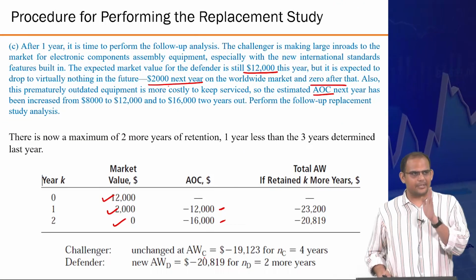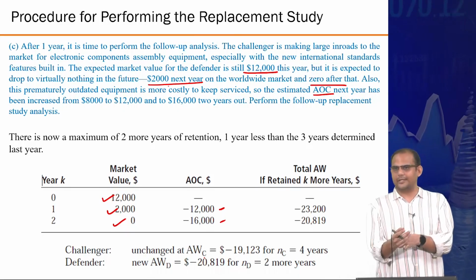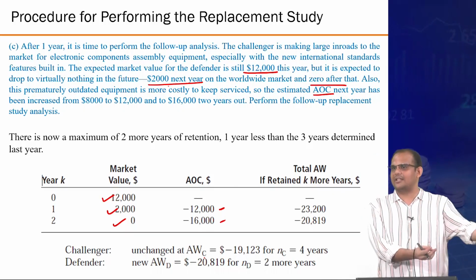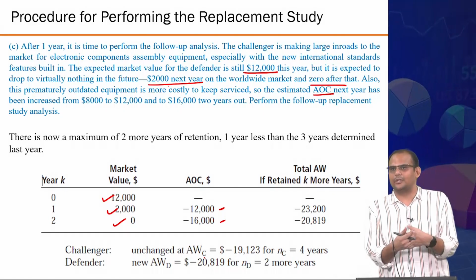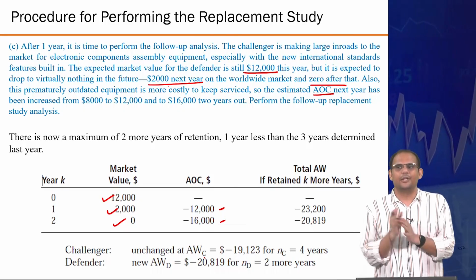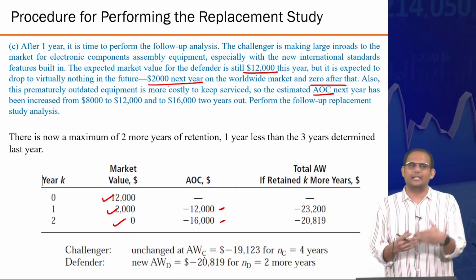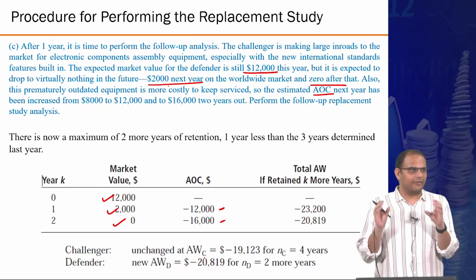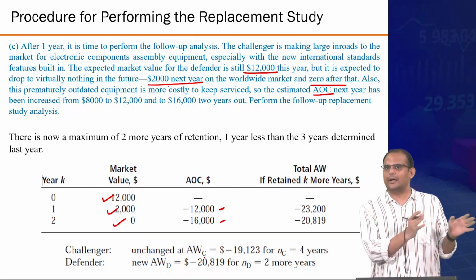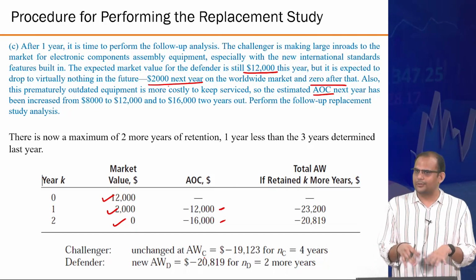The decision is purely based on its market value at the moment. It doesn't matter if you had put in some extra 16,000 just last year and you still don't think those 16,000 have been properly recovered. You can't do that, because ultimately what you're comparing, the Defender and Challenger, are functionally equal, right? So that 16,000 in the last year has no bearing on what to do now.